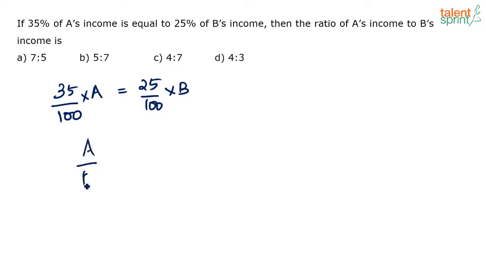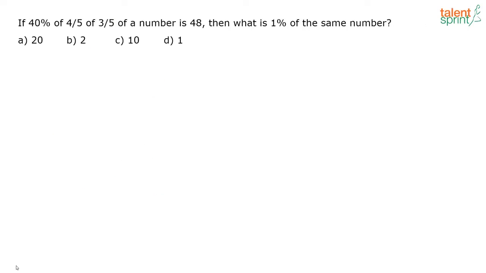They are asking you what is A by B. So A by B is equal to 25 by 35. So what is the answer for this one? It is option B, 5:7.